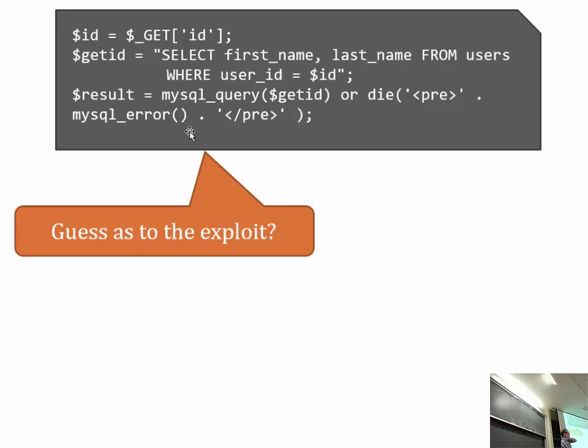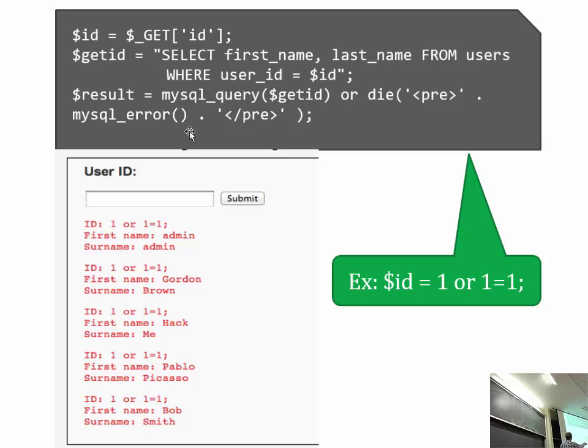So you put in something; you can say where ID equals 1 or 1 equals 1, right? So now what we've done is that we've gotten all the first names and all the last names from the query. This is the output that we're going to get. You're going to get first name admin, surname admin, and so forth. Some will be customers in our table for whatever reason, and so forth, right?